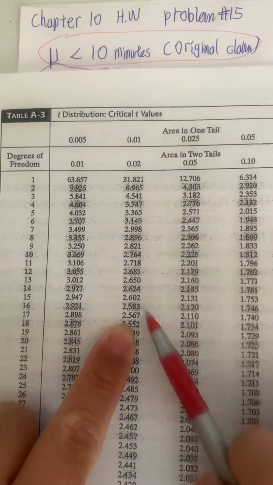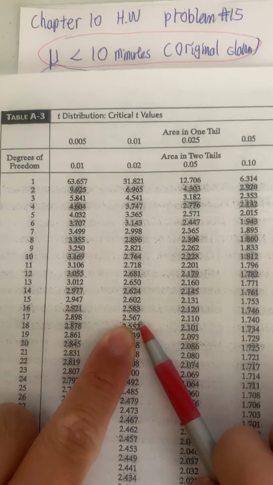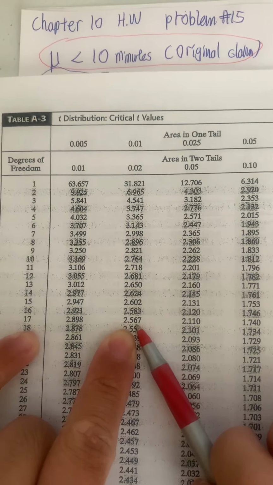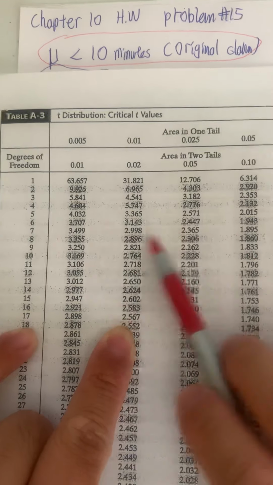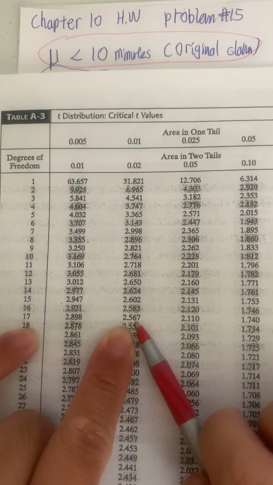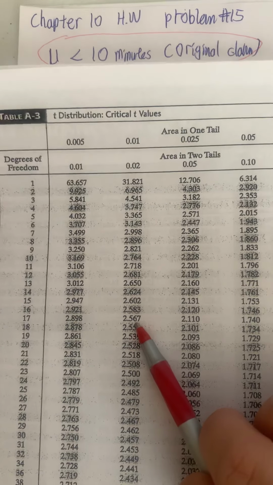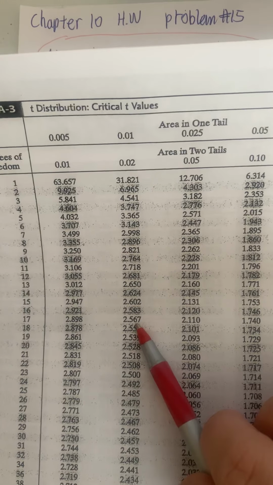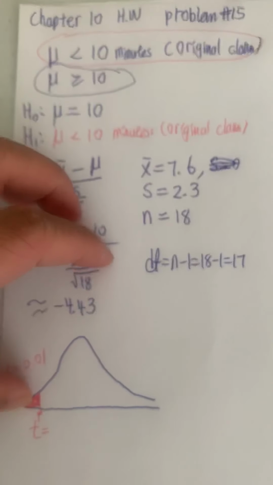So this one is 2.567. It is symmetric, that's why they don't have the negative. Actually, they're negative and positive. So by symmetry, it's negative 2.567.